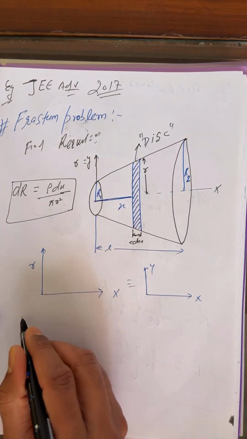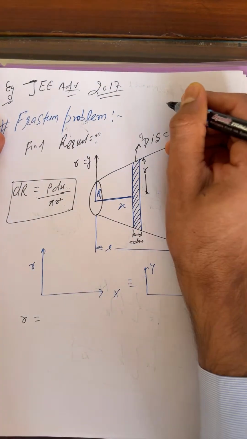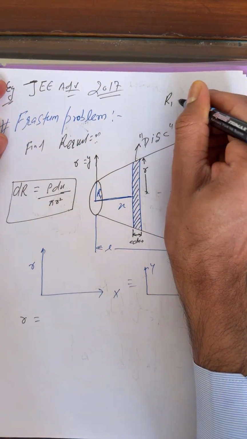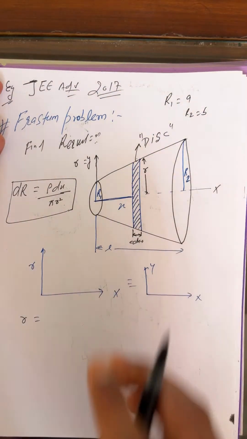So I'll write r equals slope times x plus intercept. Here I'm considering R1 equal to a and R2 equal to b.